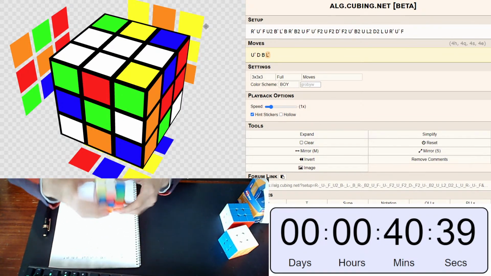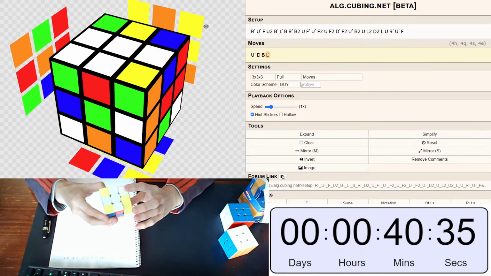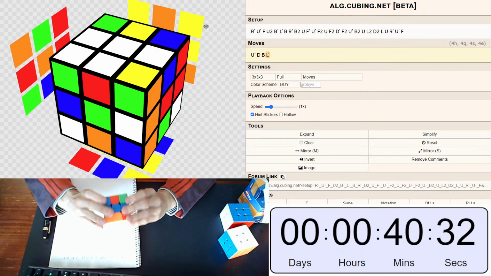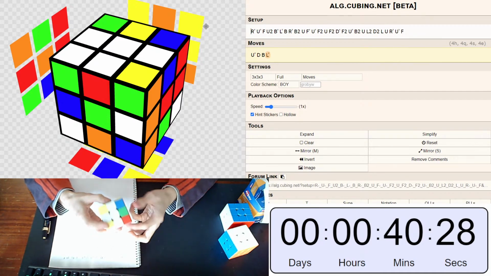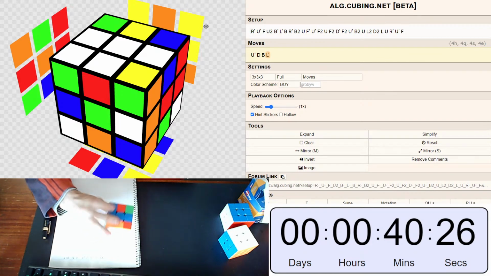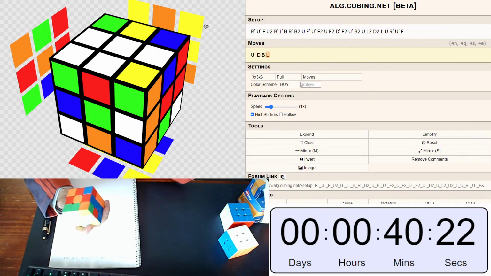L prime. What happens if I do L here instead? It doesn't solve much. It does do that.